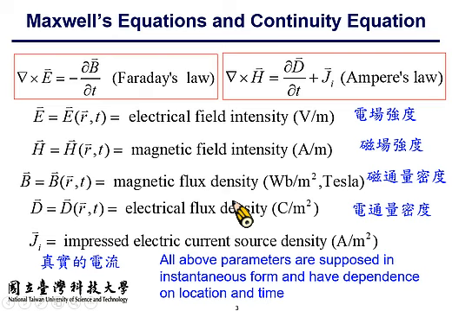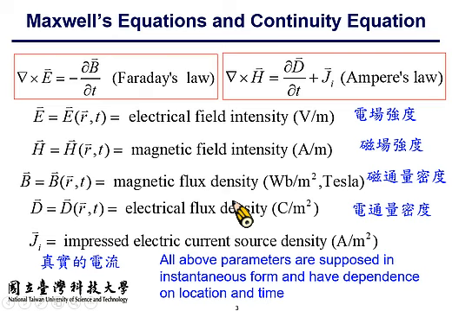So here are Faraday's law and Ampere-Maxwell law, the first two equations of the Maxwell equations. On the top are Faraday's law and Ampere-Maxwell law in differential form. We know that Maxwell equations can be written in differential form and integral form.